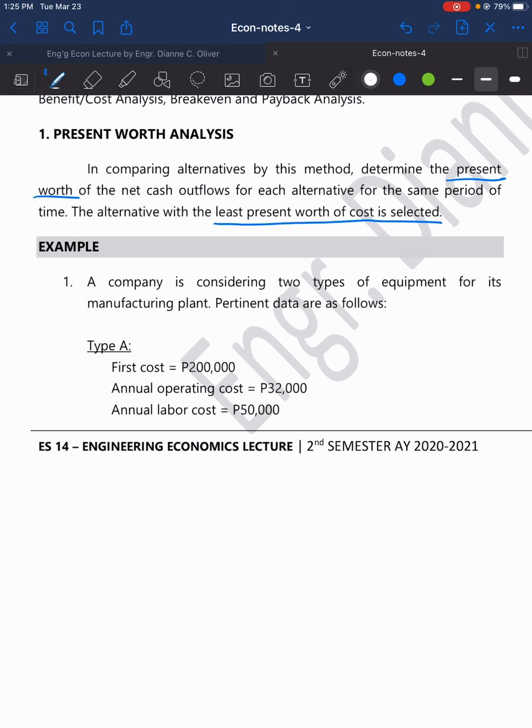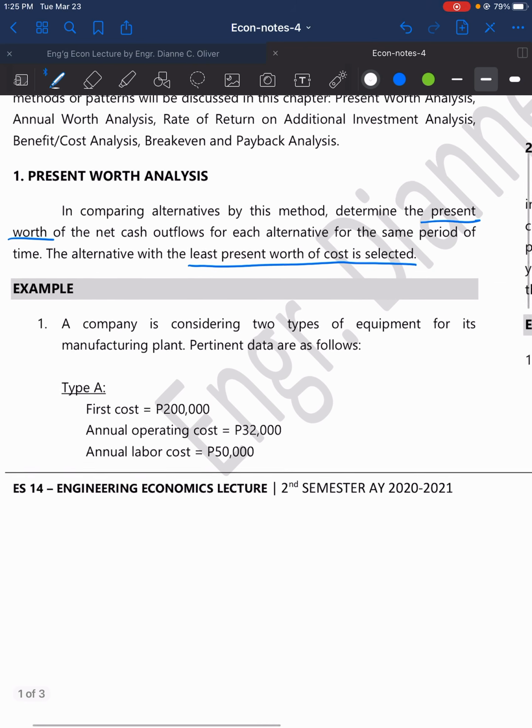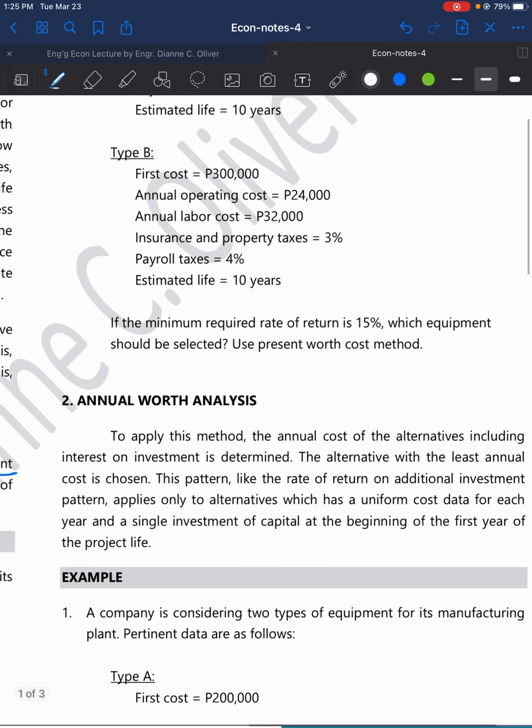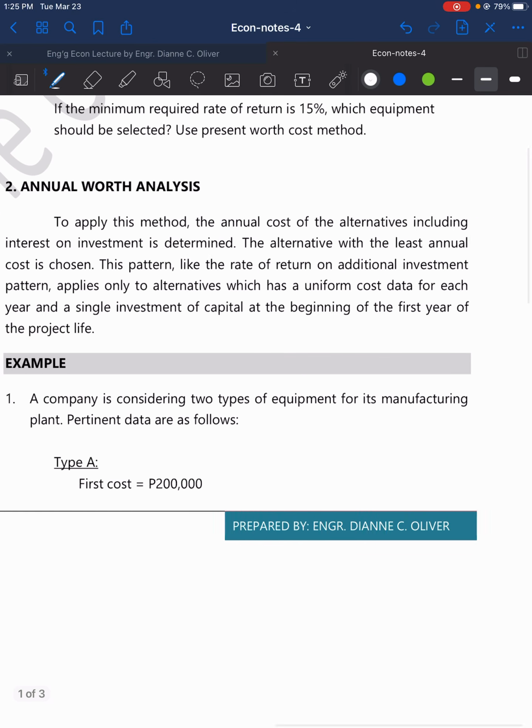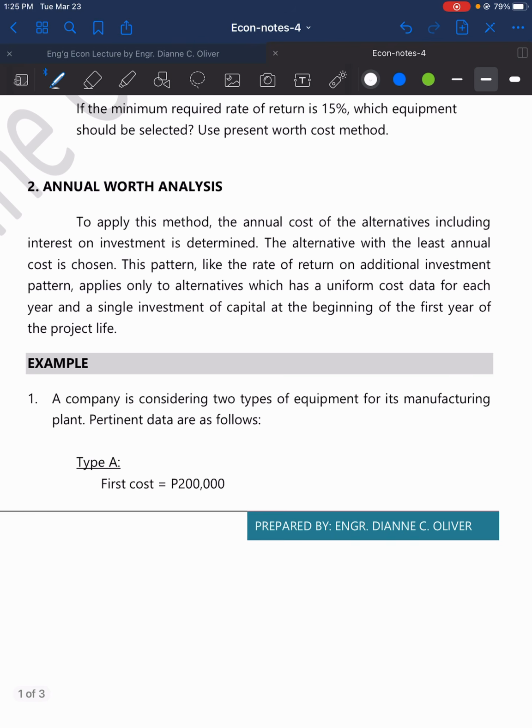Now next, after present worth, we now have the annual worth analysis. To apply this method, all the annual costs of the alternatives, including interest on investment, are determined.